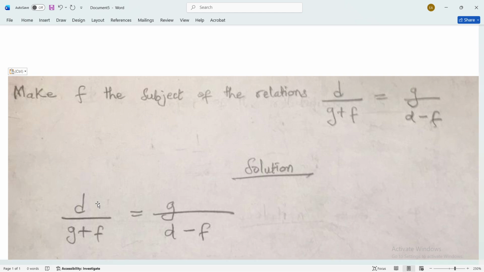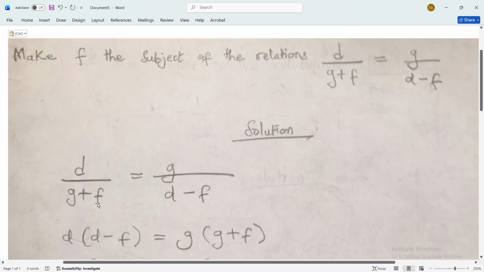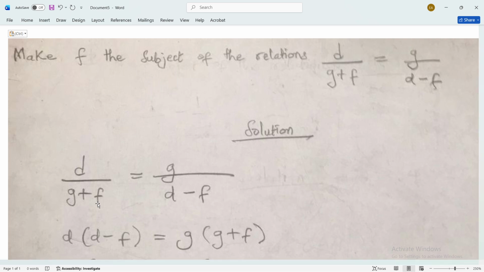And also you multiply the denominator on your left hand side, which is j plus f, by the numerator on your right hand side, which is j. So we are going to have our new equation to be d multiplying all in brackets d minus f equals j multiplying all in brackets j plus f, right?